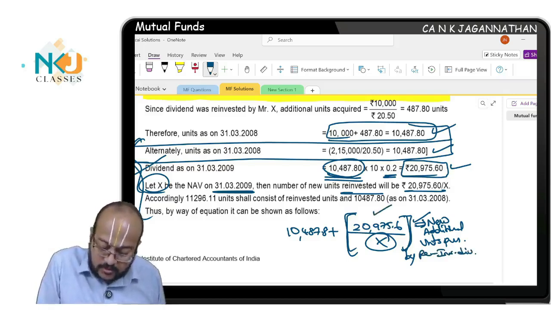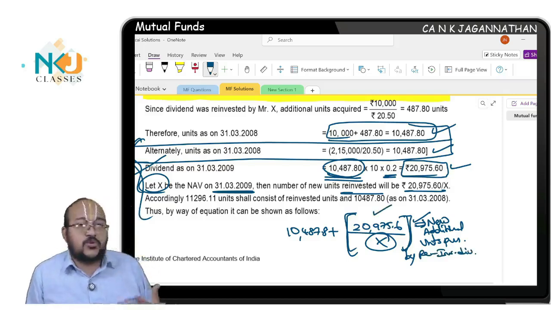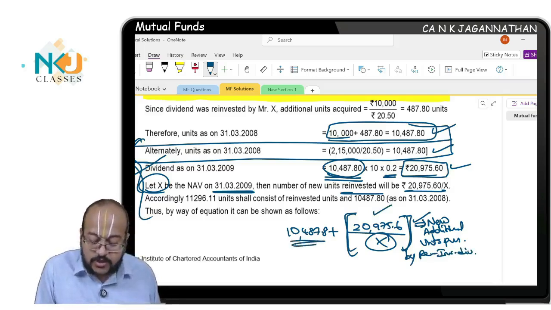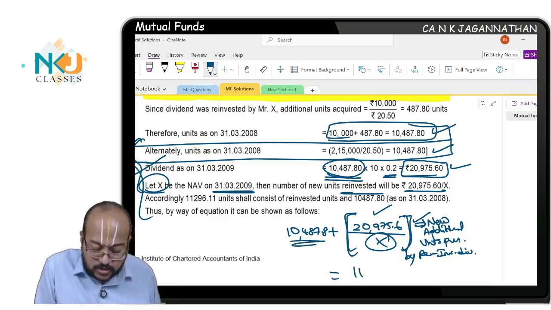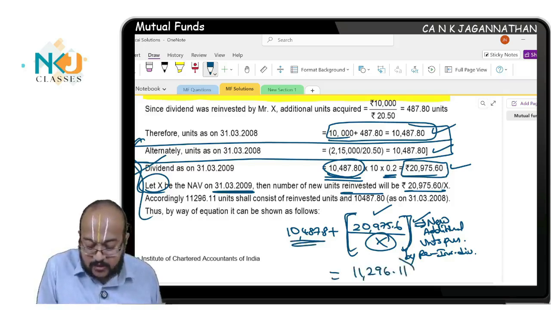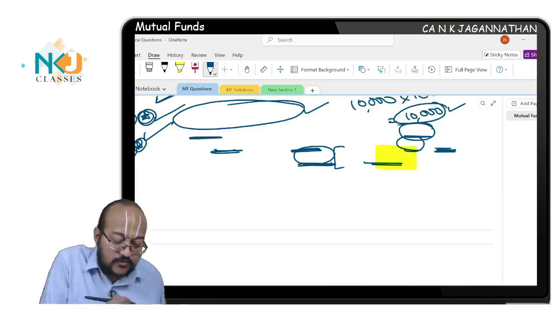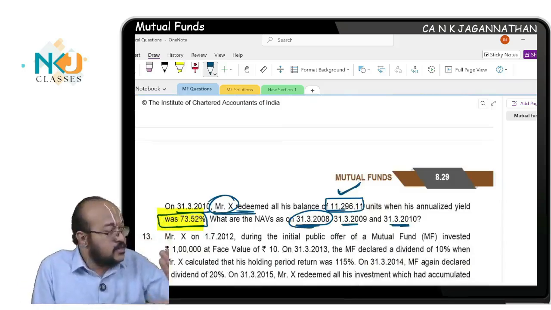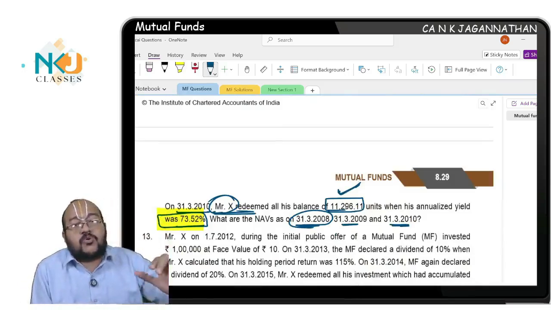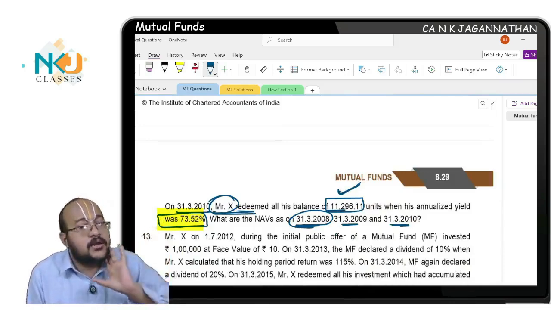This is the reinvestment amount with which you purchase new units. This is existing units. The total you should equate to 11,296.11, because what they have given in the question is the second year data, but nothing is given about what additional units have been added in year 2.